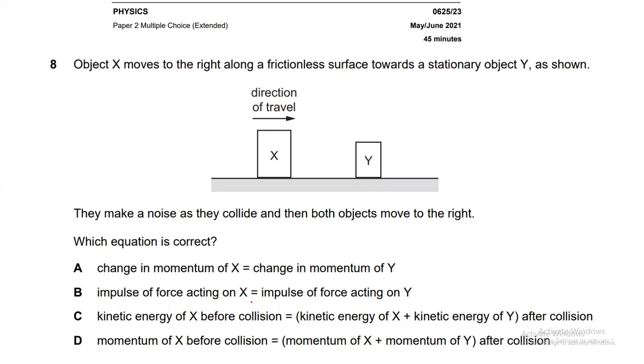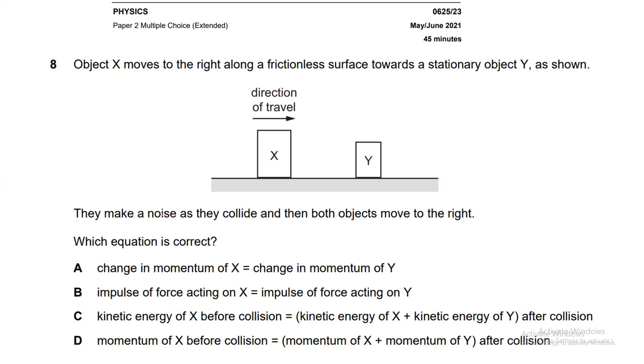Change in the momentum of X is equal to the change in the momentum of Y. Impulse of the force acting on X is equal to the impulse of the force acting on Y. Kinetic energy of X before the collision is equal to the kinetic energy of X plus the kinetic energy of Y after the collision. And the momentum of X before collision is equal to the momentum of X plus the momentum of Y after the collision.